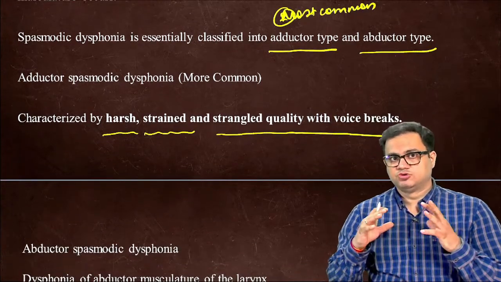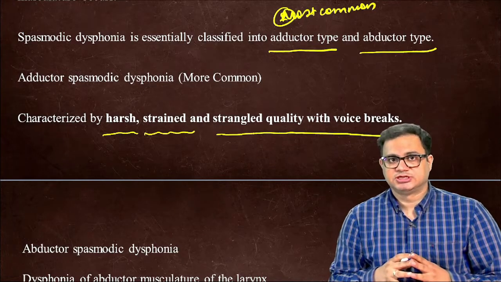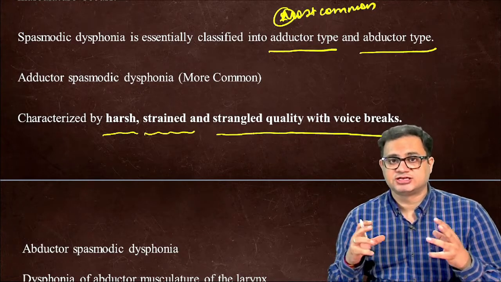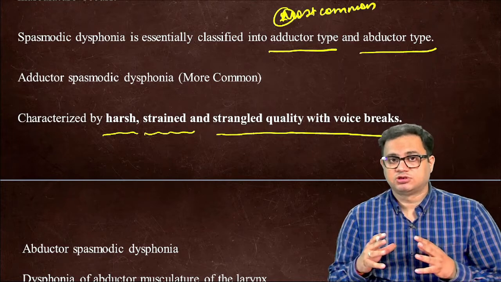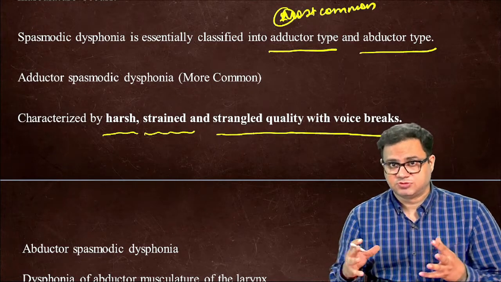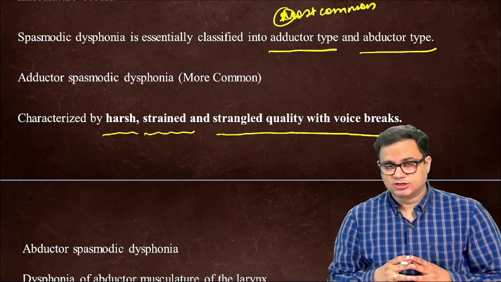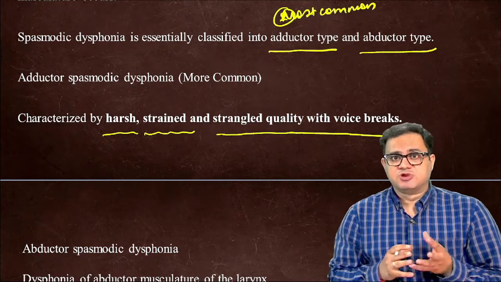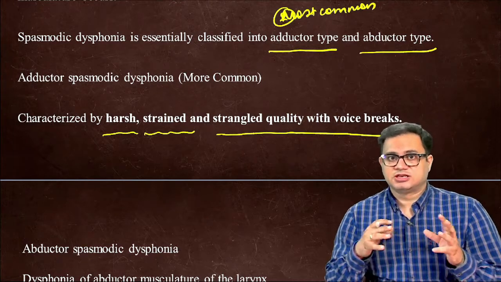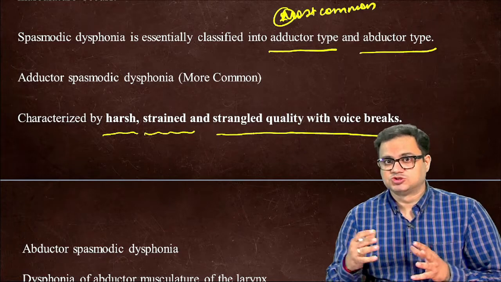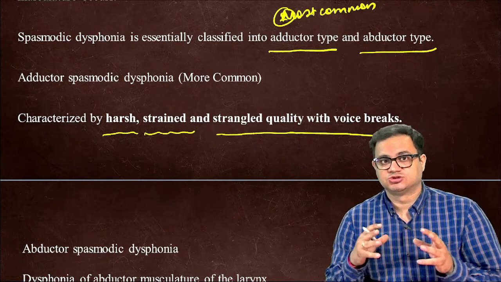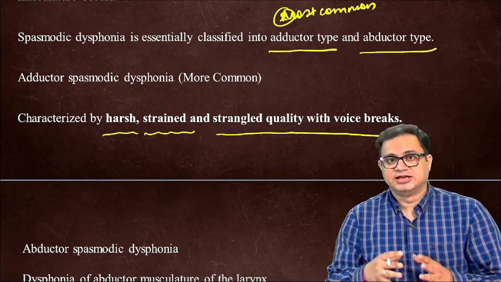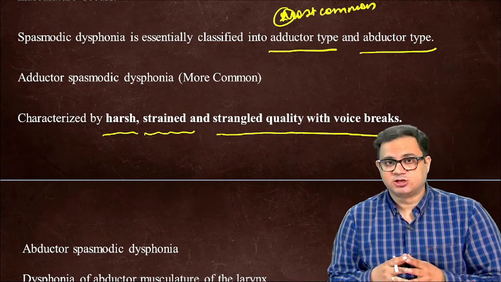If you ask the patient his name, the patient will tell you, my name is Harsh. Imagine this is the patient whose voice I just imitated. The voice is harsh, strained, and strangulated.